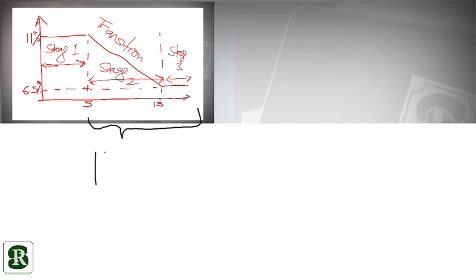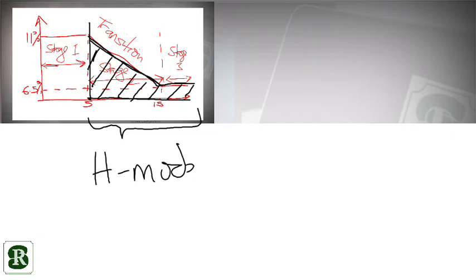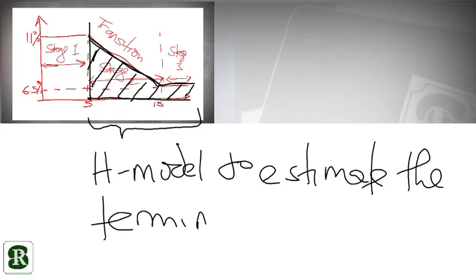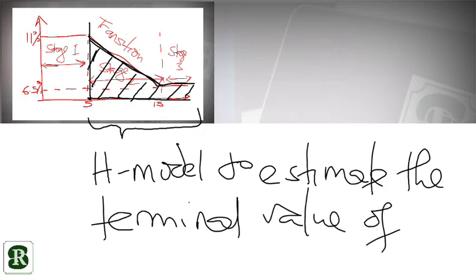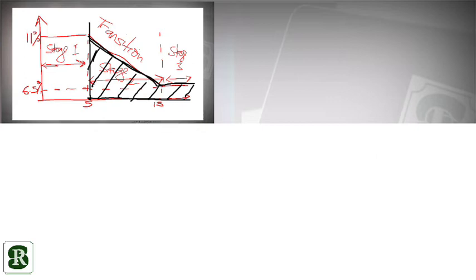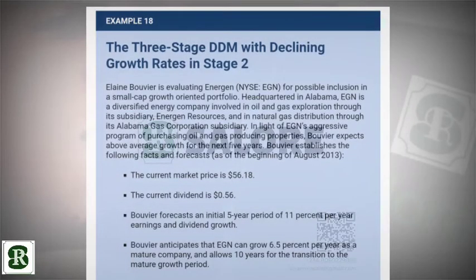Remember, the assumption under the H model is that we are starting at a high dividend growth rate, and then the dividend growth is expected to slow down linearly from the short-term growth rate until we stabilize at the long-term growth rate, which in this case is 11% short-term growth rate, and the long-term growth rate is expected to be 6.5%. So the H model will account for stage 2 and 3.